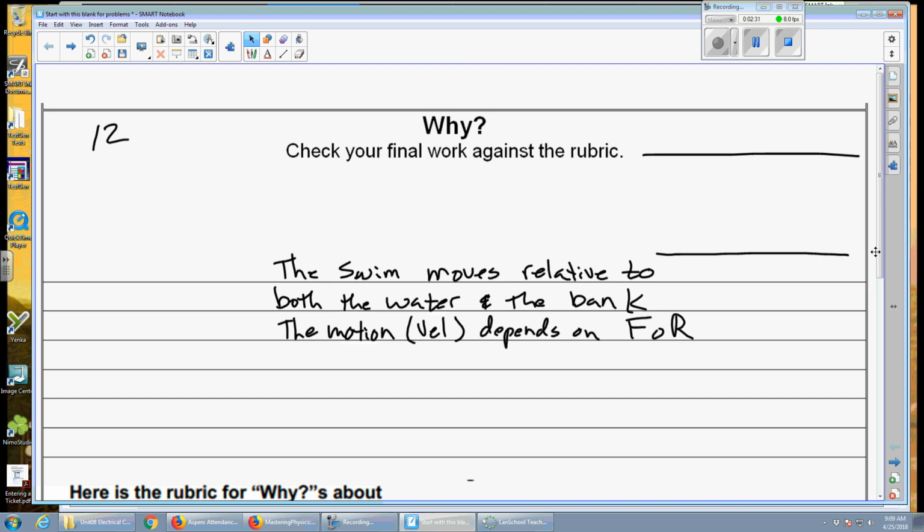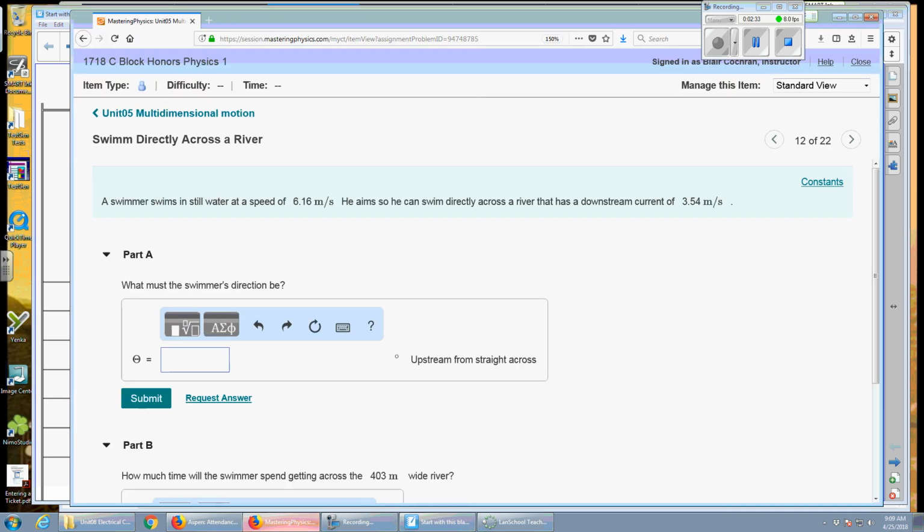So some key understandings here, just to pull out of this question. When they say something like still water, what they're telling you is the speed of the swimmer compared to the water. So they're telling me the speed in the reference frame of the water by that turn of phrase, still water.